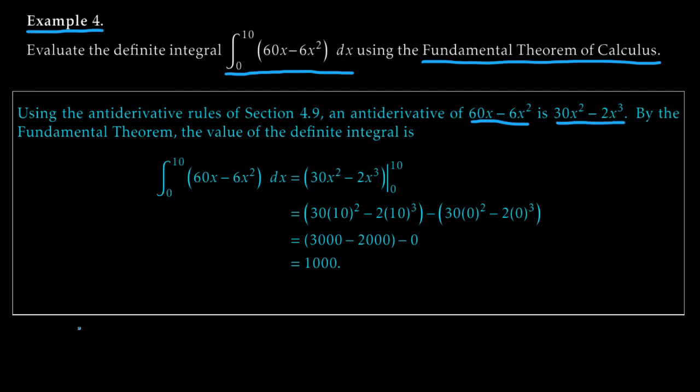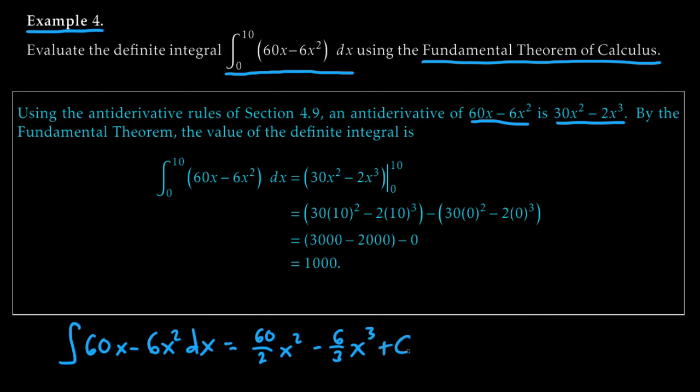That is, all we're doing is taking the indefinite integral of 60x minus 6x squared dx. We're using the power rule, the backwards version of the power rule we used for derivatives, and we're getting 60 over 2 x to the 2 minus 6 over 3 x to the 3 plus a constant.